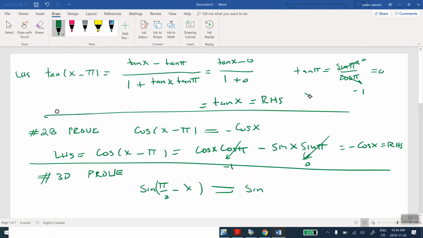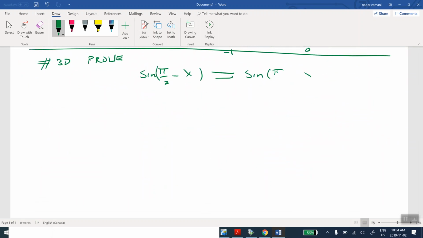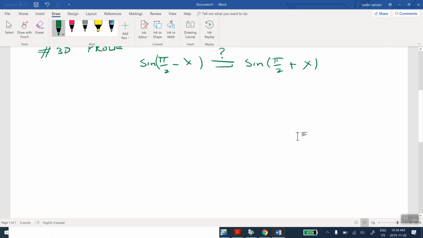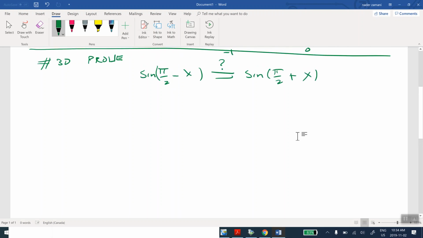Now remember, when it comes to proving identities, you can start with the left-hand side and force your way to the right-hand side, or you can start with the right-hand side and force your way to the left-hand side, or you can simultaneously work on both sides and see whether at some point you get the same thing. That's exactly what I'm going to do. I'm going to keep the question mark here because I don't know.